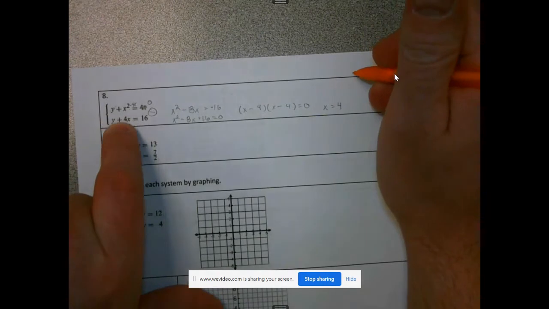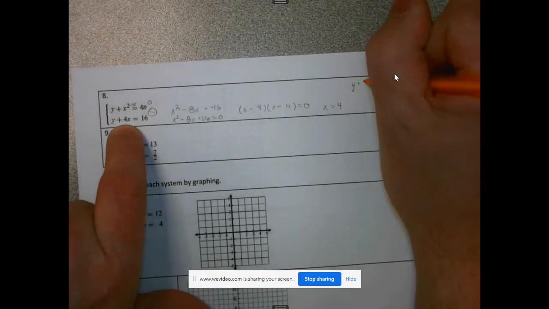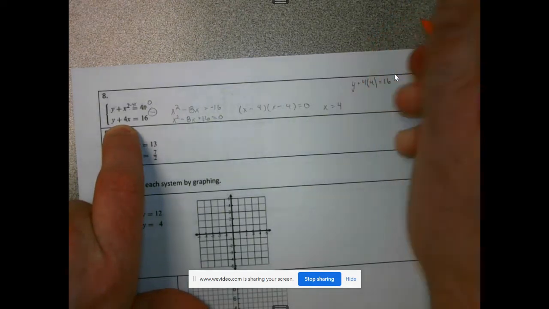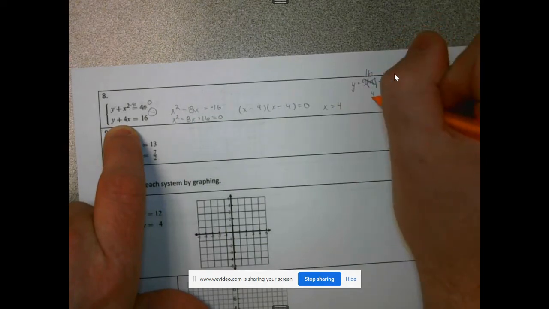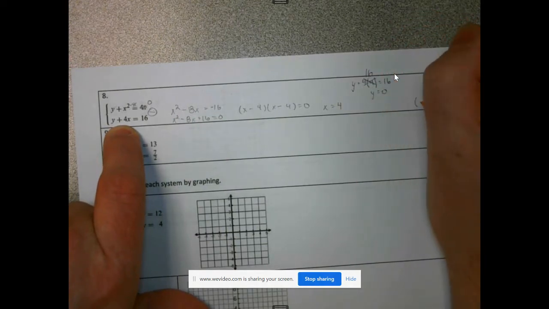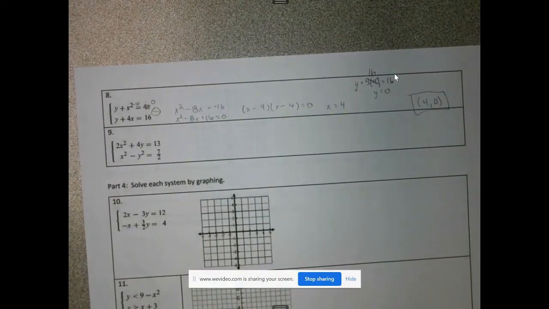So maybe here in this easy one, y plus 4 times 4 equals 16. 4 times 4 is 16. So you subtract that, you get y equals 0. So your answer is 4, 0. Okay, so that parabola and that line only intersect in one spot.